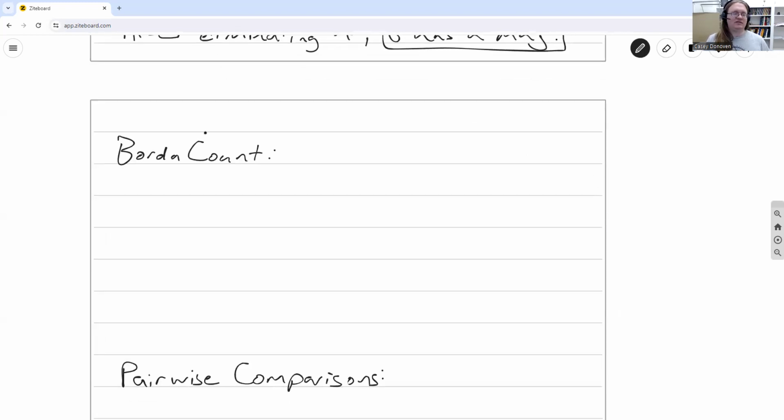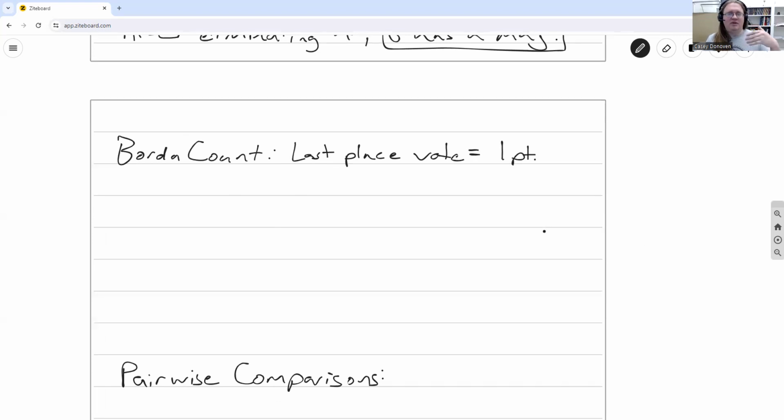And Borda count is a lot like, say, Mario Kart, track and field, things like this, where you earn points based on what position you come in. So for voting, a last place vote is just 1 point.